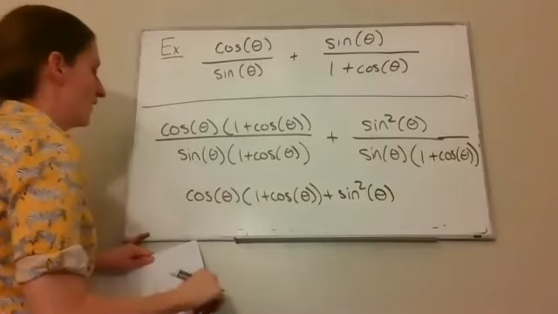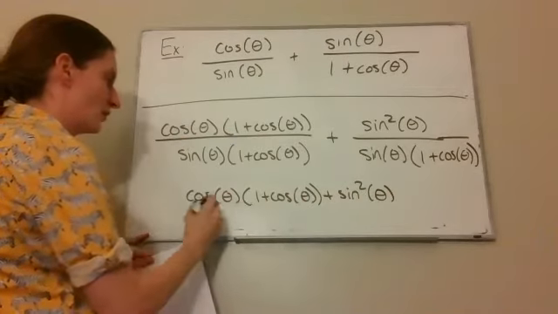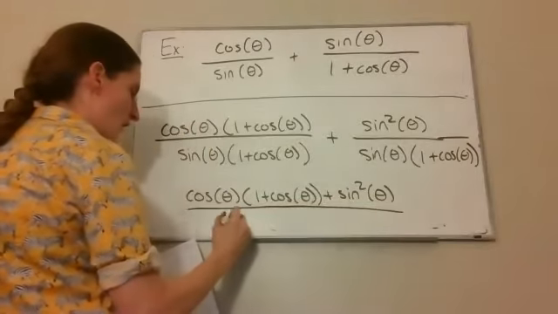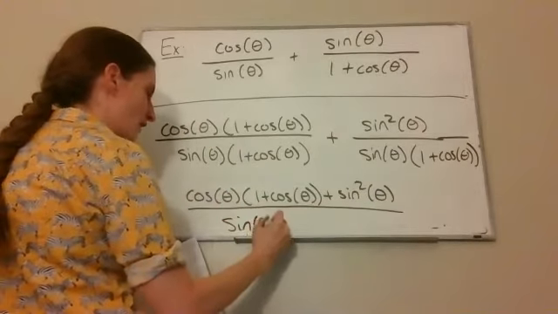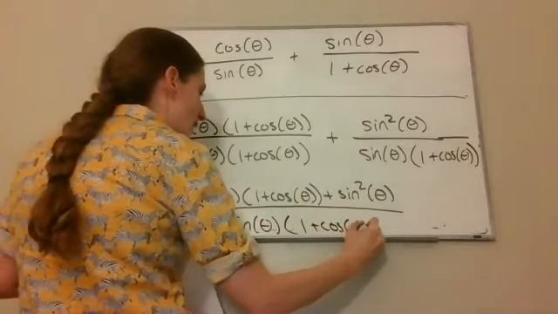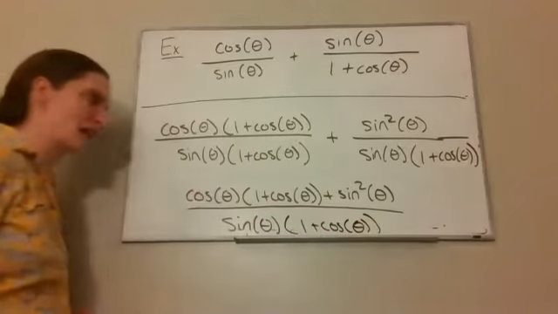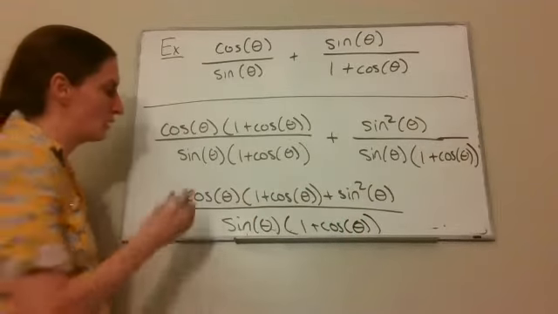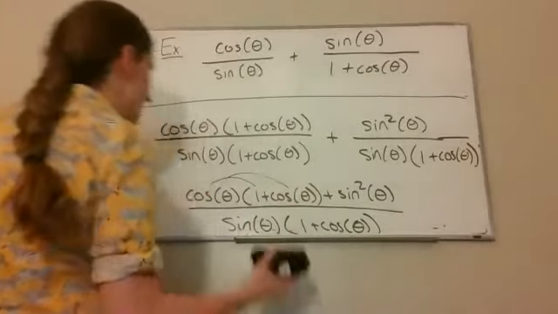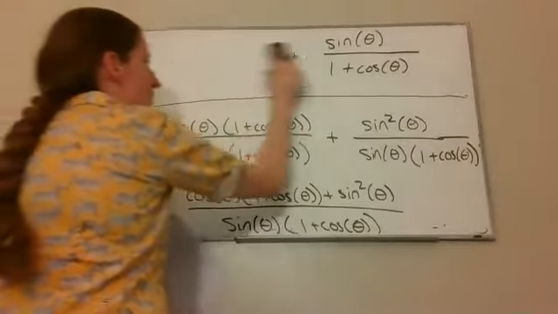So I have cosine theta times 1 plus cosine theta plus sine squared theta, all over sine of theta times 1 plus cosine of theta. Right now, this doesn't look like it's getting any simpler, but it's going to. Now I can distribute this cosine of theta. Let's see what we get from there.